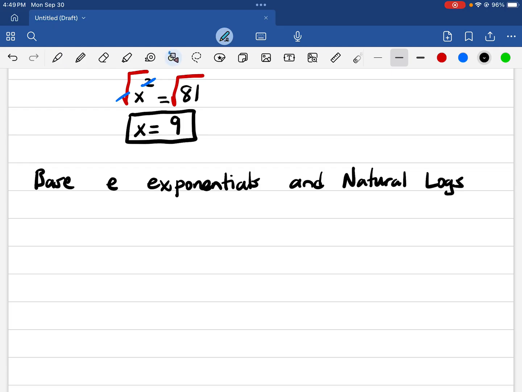So take a couple minutes here and we're going to talk about base E and natural logs, all right, because these types of problems can also come up in our solving with exponentials and natural logs.